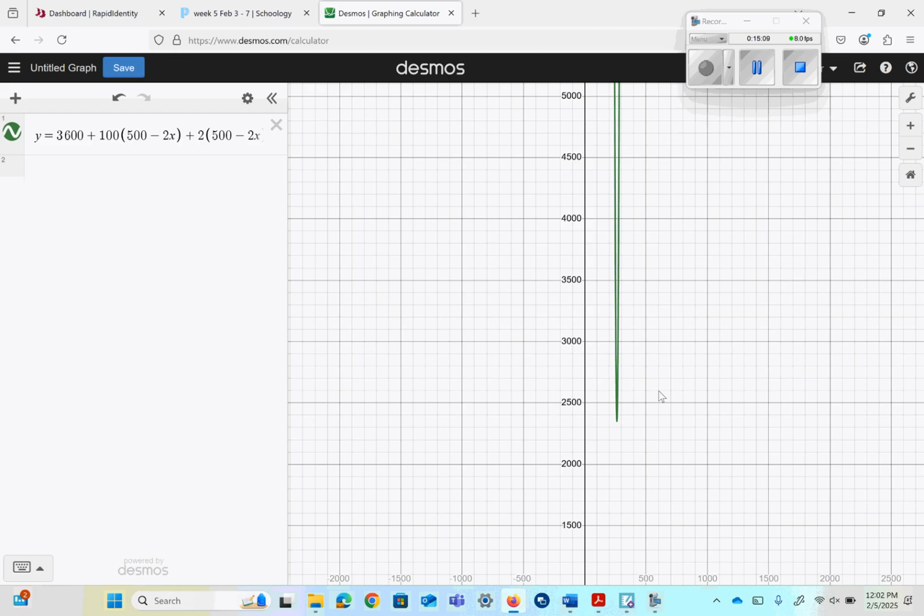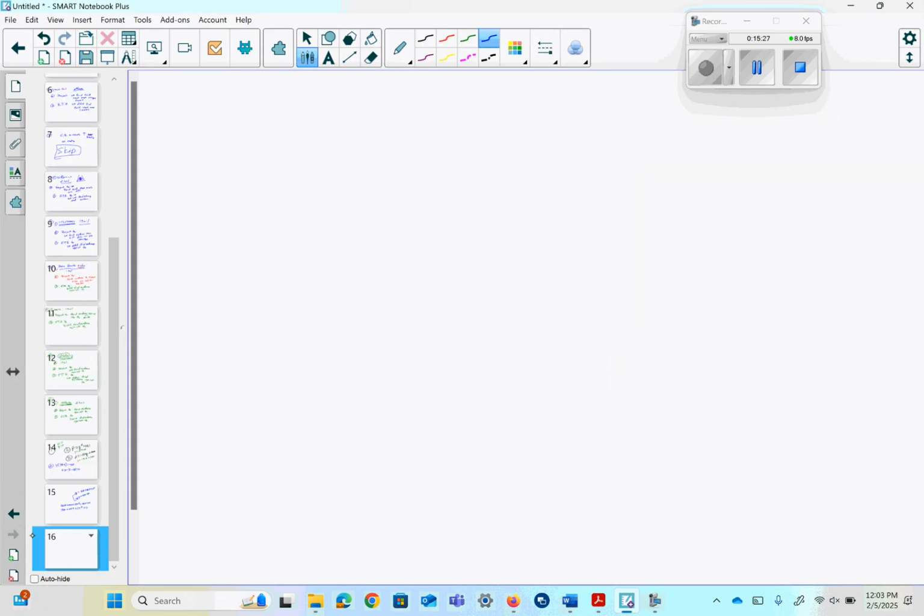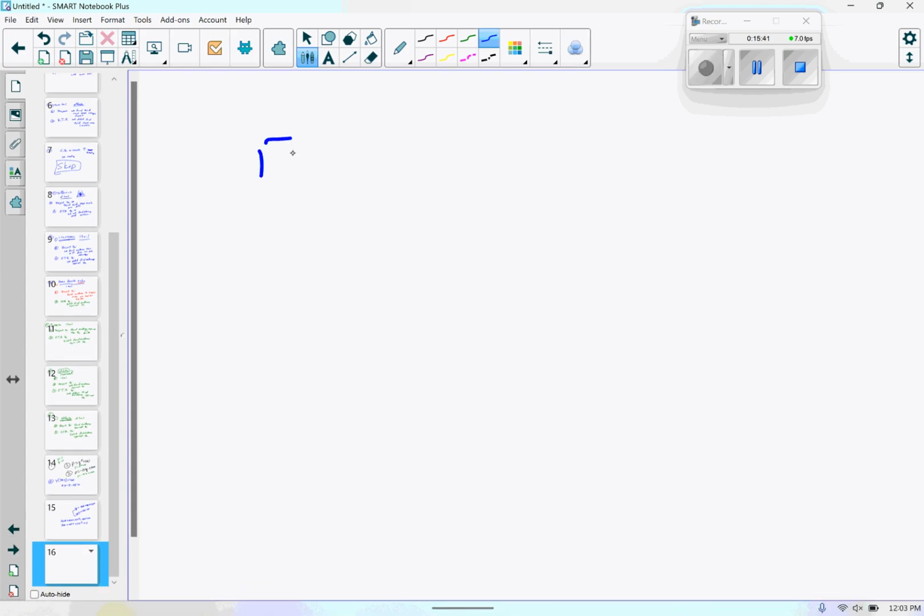Okay. All right, so this is going to be one that we're going to look back at. Let's make sure we get everything written in the right spots. So we have fixed costs of 28,000.